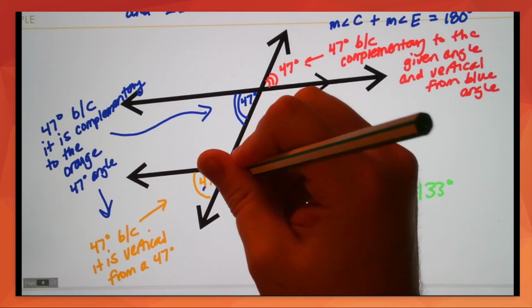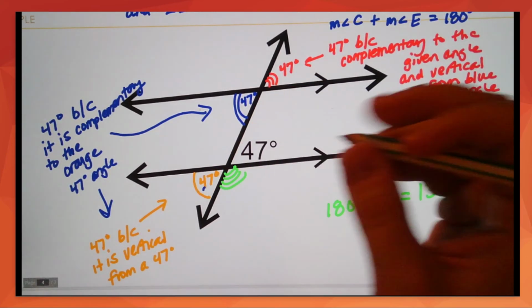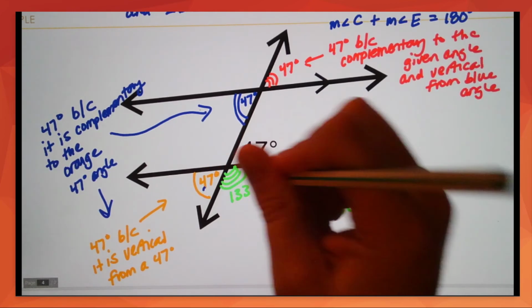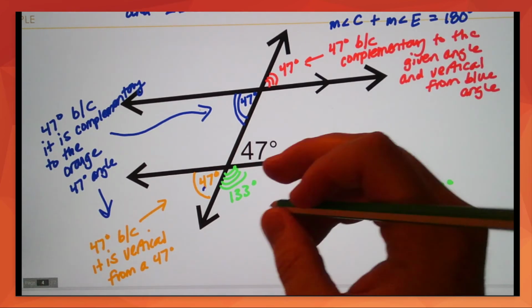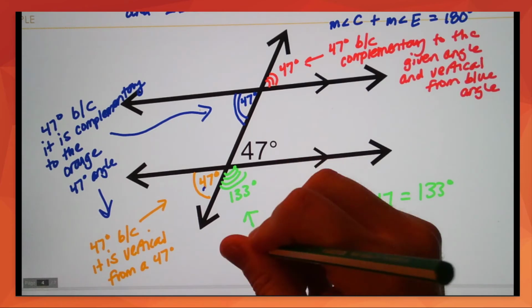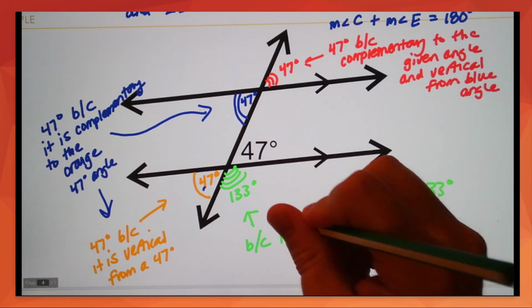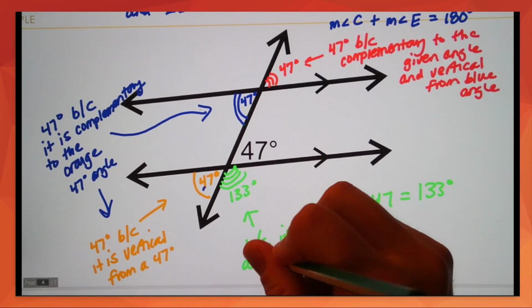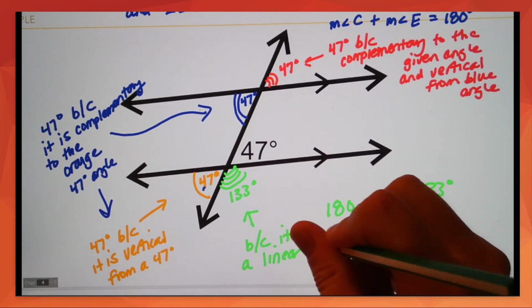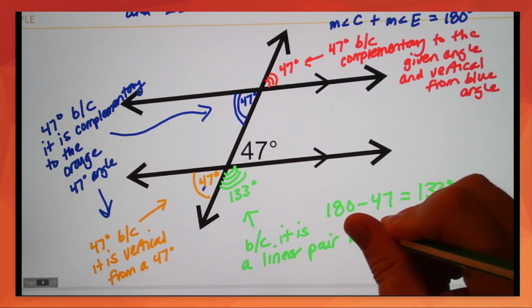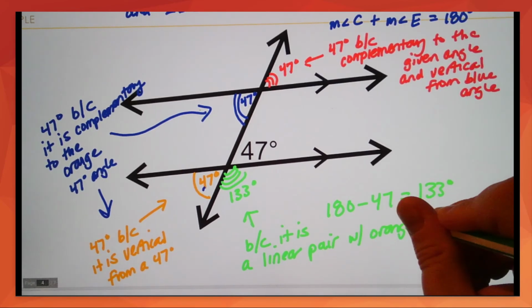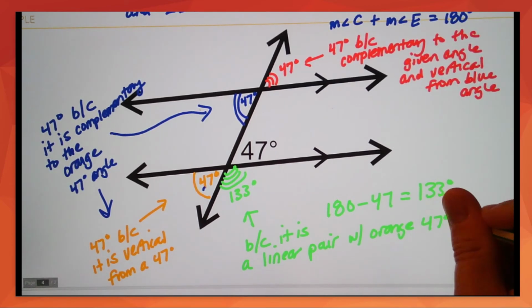This has to be 133 degrees because it is a linear pair with the orange 47 degree angle.